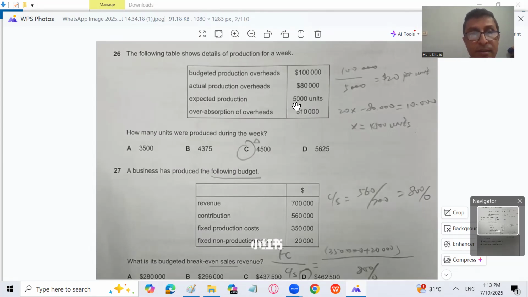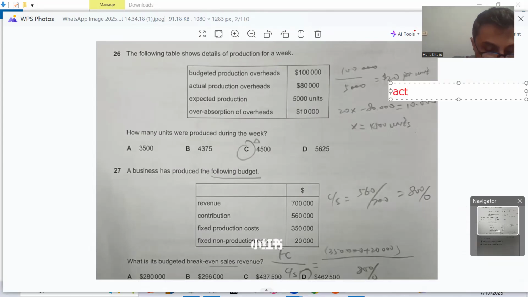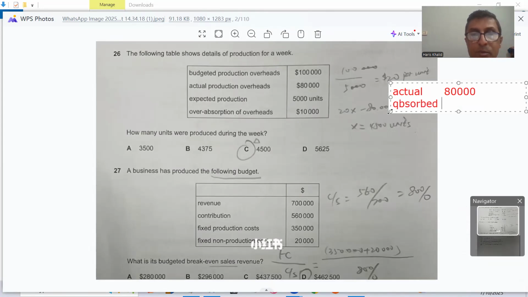So let's calculate it. We know that for finding under and over absorption of overheads, we compare actual overheads, which are 80,000, with absorbed overheads, right? For absorbed overhead, we need to calculate actual production into OAR.